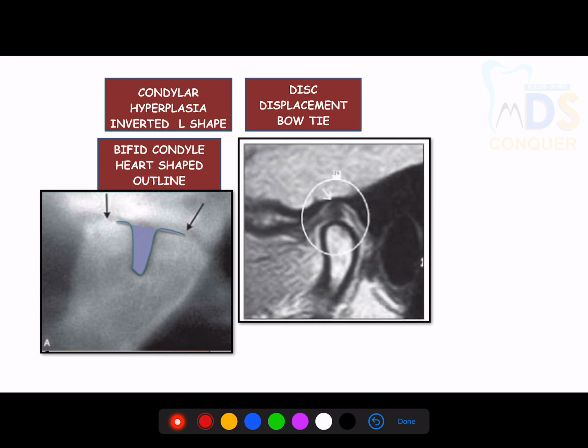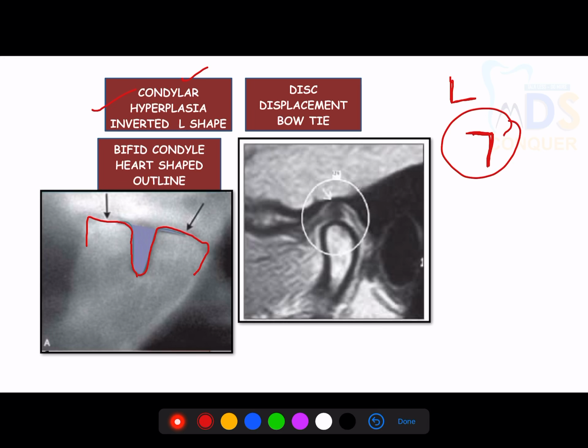Now coming to a few radiological features of TMJ disorders. In condylar hypoplasia you can see an inverted L shape condyle. In bifid condyle you can see a heart shaped outline. So where do you see the condyle in a heart shaped outline?